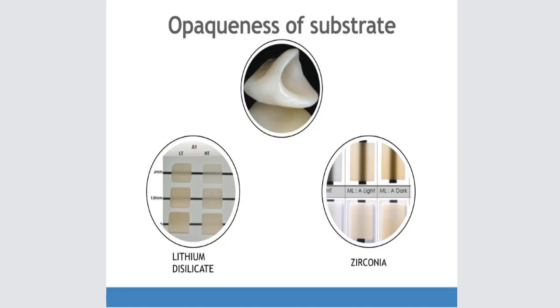They're very, very opaque, so the energy that's allowed to go through these lithium disilicates and zirconias is very little. So we want to think about the power that's given out of the tips of our lights, and think about the quality of light that we use. Okay, so I hope I've given you a good appreciation for the fact that you have to look at the tips of your lights and make sure that your assistants are cleaning them properly, because that can affect the power output.